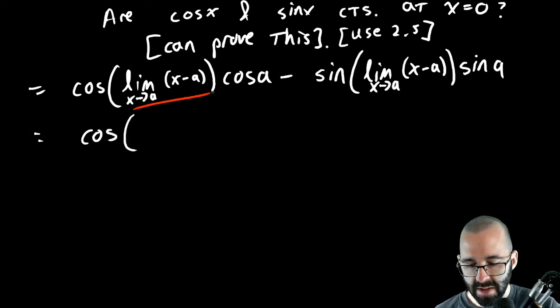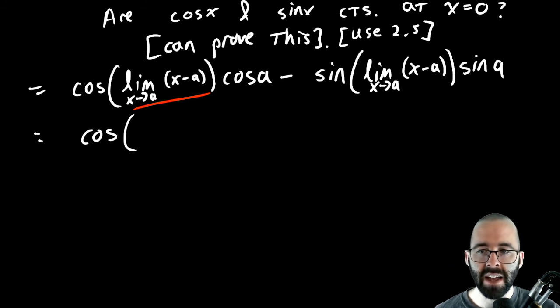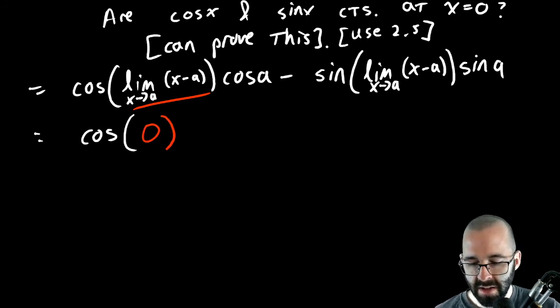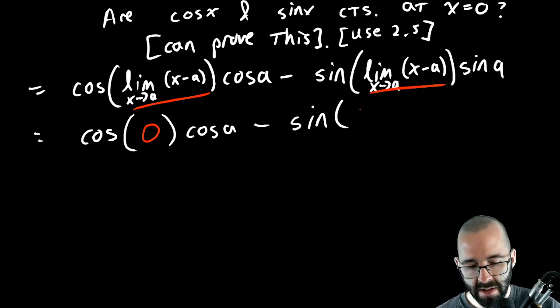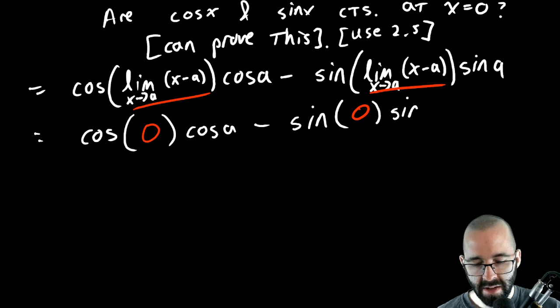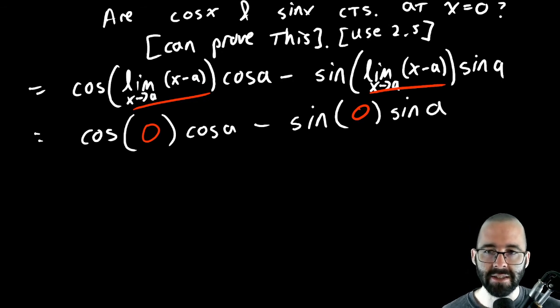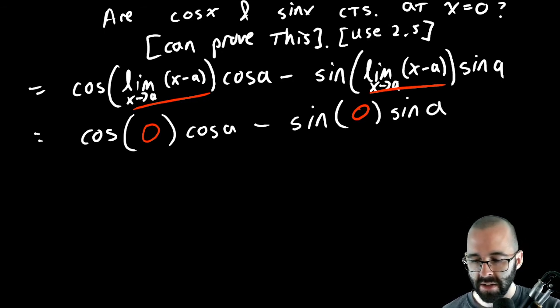What is a minus a? 0. And again, what is a minus a? Still 0. Now things are finally starting to look a little nicer.